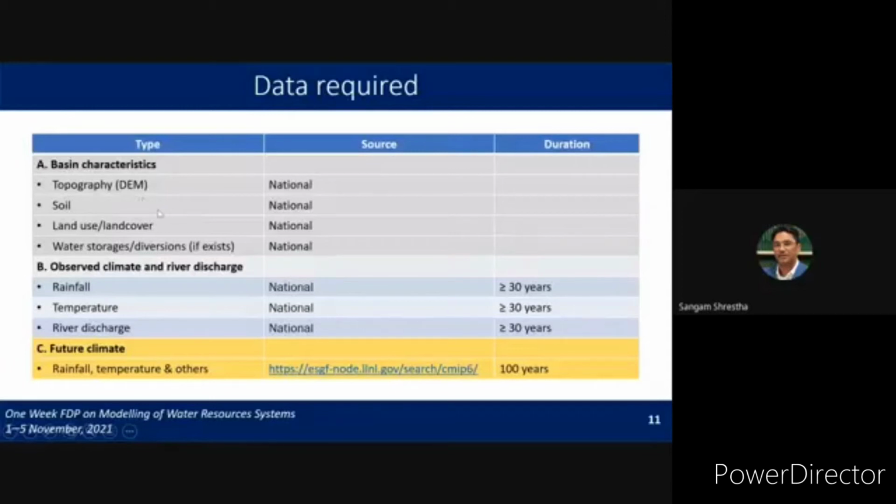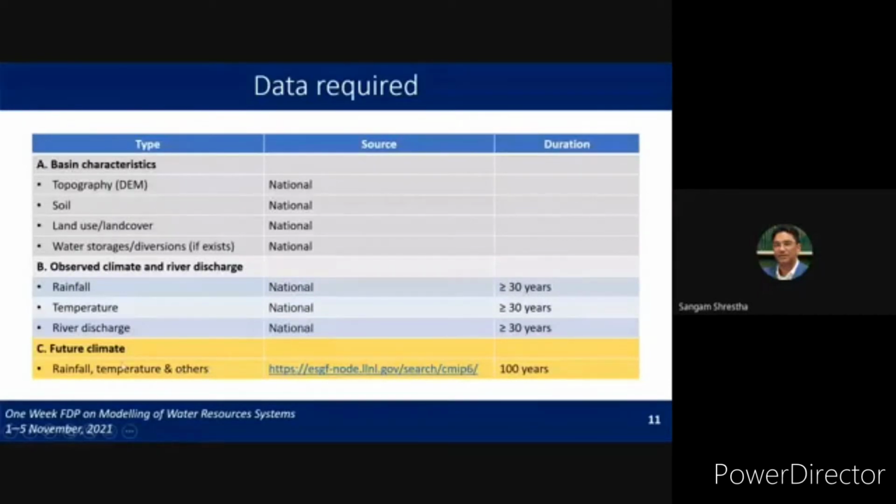These data are very essential because they affect the hydrological processes of the given watershed or basin. We also need the observed climate and river discharge, and these include rainfall, temperature, and river discharge. In climate change impact assessment studies, we usually require longer term data of these climate and river discharge. The minimum data requirement is at least 30 years.